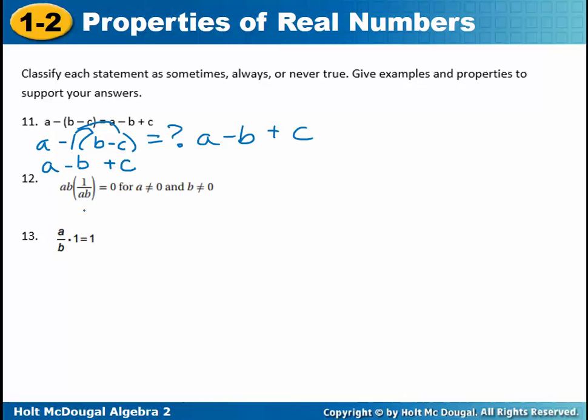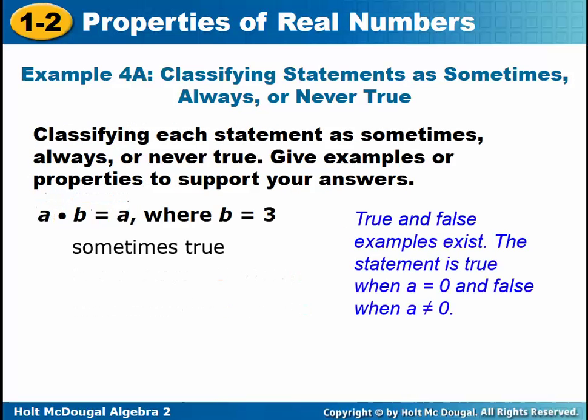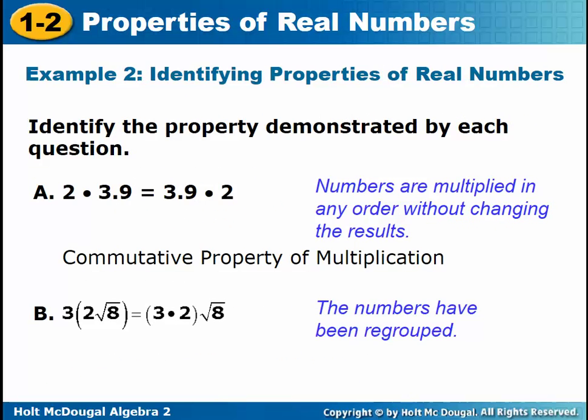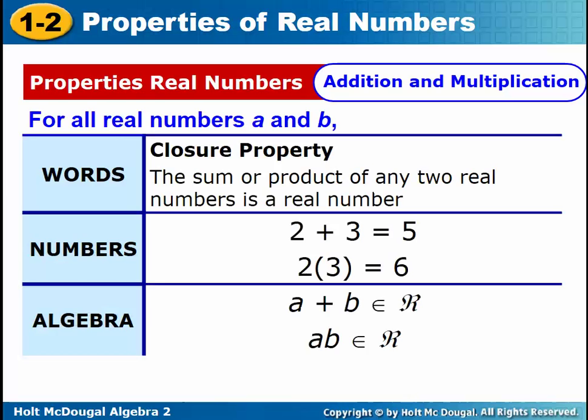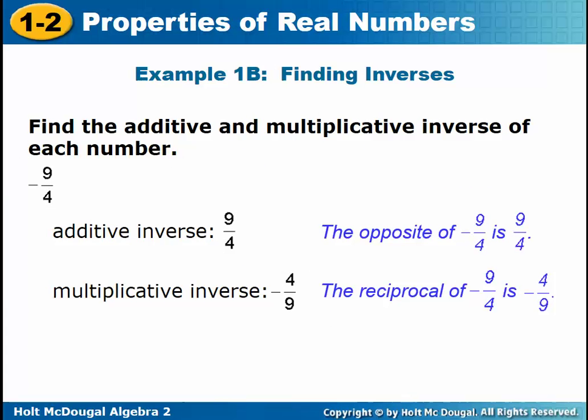Okay, in number 12, there is a time, or maybe more than one example, where this would be true. Let's see. Or maybe this is one. Maybe I'm thinking of 13. All right, we have A times B times 1 over A times B. This looks a lot like the multiplicative inverse. I'm going to go back a few pages here, where something times its reciprocal is equal to 1.